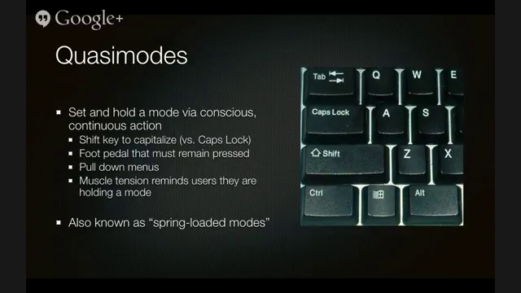If you can actively engage the user in making the mode happen, then you're in a better position, because the user is consciously and continuously saying, I still want to be in this mode. So things like shift keys, foot pedals, pull down menus, things where the actual physical muscle tension in the body will remind the user that they are in this wacky mode, also known in the literature as spring-loaded modes.